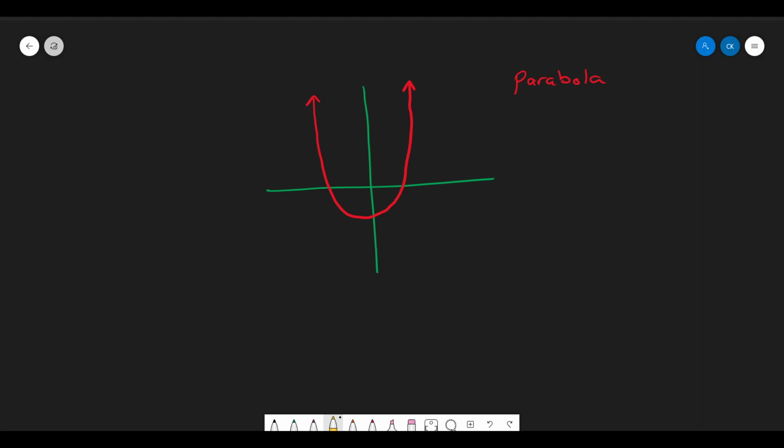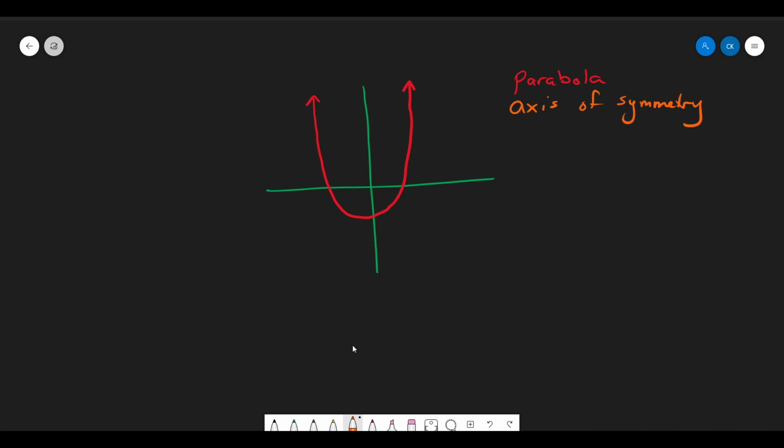Now, because we have this U shape, or this parabola shape, we also are going to have what we call an axis of symmetry. All right, now an axis of symmetry, if we remember correctly, a line of symmetry is a line about which we can flip something over and it's the exact same image on both sides.